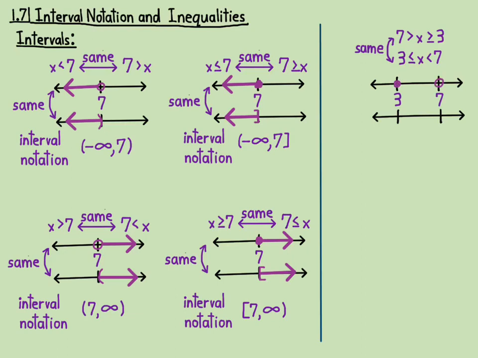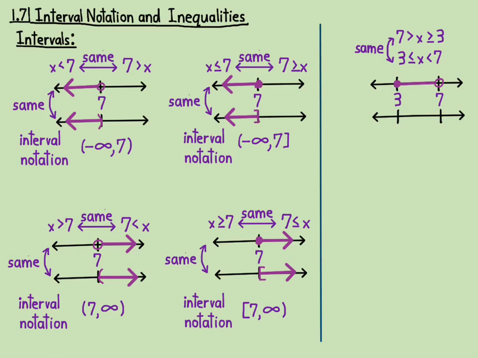Make sure 3 is to the left of 7 because it is on the number line. The 3 is solid because of the equals, x greater than or equal to 3. And x less than 7, so it can't be equal to 7, so there's a hollow dot. Okay, and then this is saying x is between 3 and 7, so you shade in between.